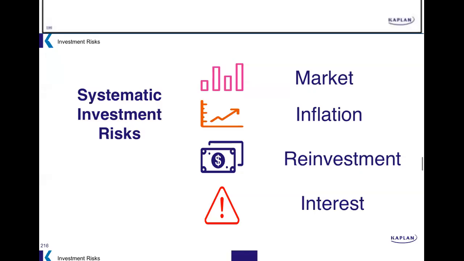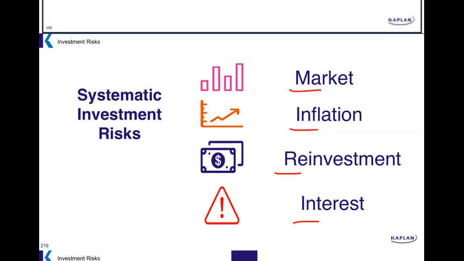Here, when we look at our investment risks, I want you to identify systematic risks as what I always refer to as MIRI, M-I-R-I. I always say Miri is an acquaintance of mine. No matter what I do, I can't get away from her. I cannot do anything. She's right there anytime I try to do something.